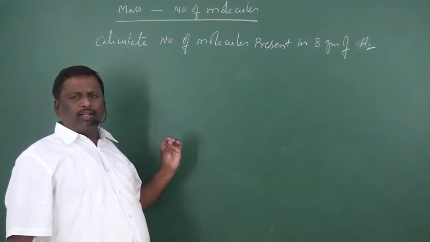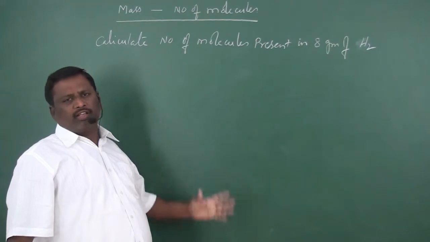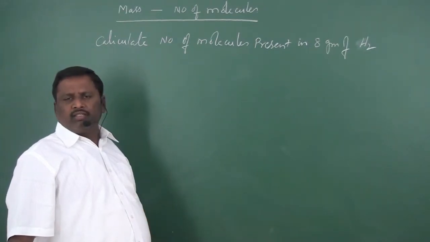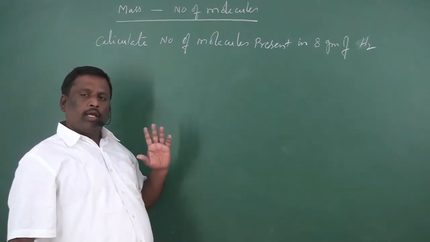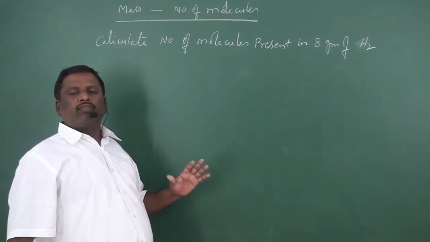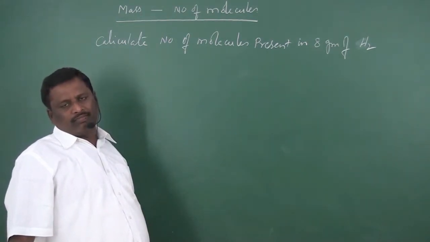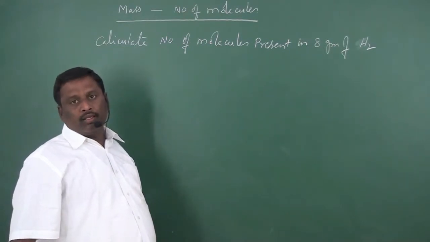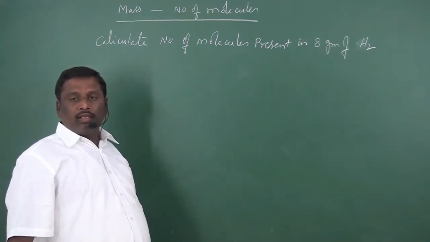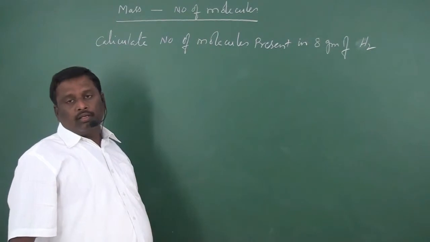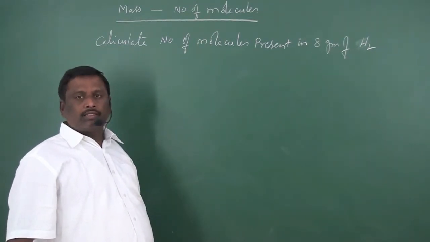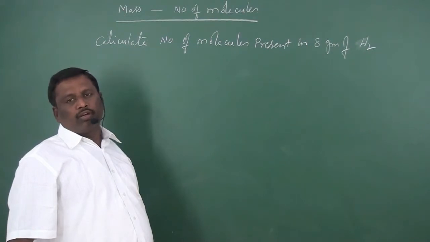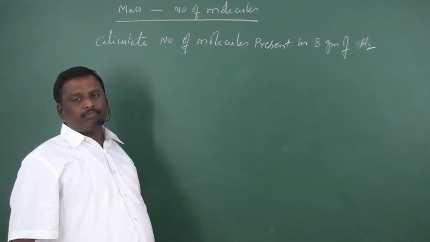Because for some important gases, you should note the molecular weights. They won't give us the information. I have already told you, you should remember the molecular weight of certain important substances. If any new substance is there, they will give you the molecular weight. But for the regular elements which we come across in so many lessons, they won't give us the molecular weights or atomic weights.